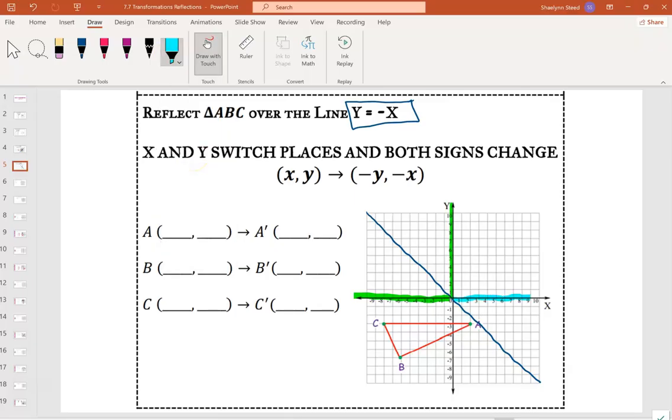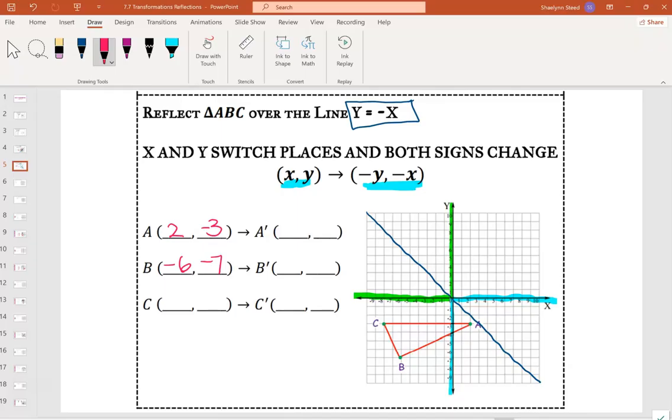And this positive x folds onto negative y, which the rule shows. So our A value is at 2, negative 3. Our B value is at negative 6, negative 7. 2, 3, 4, 5, 6, 7, yep.